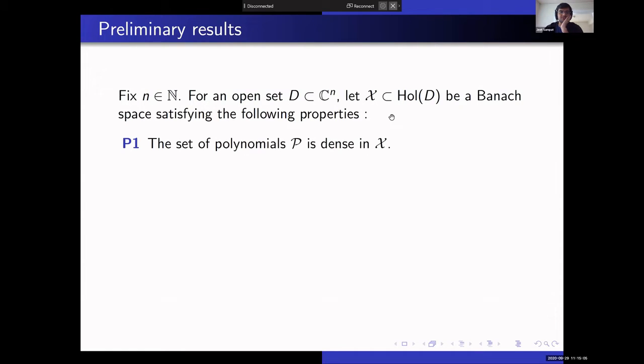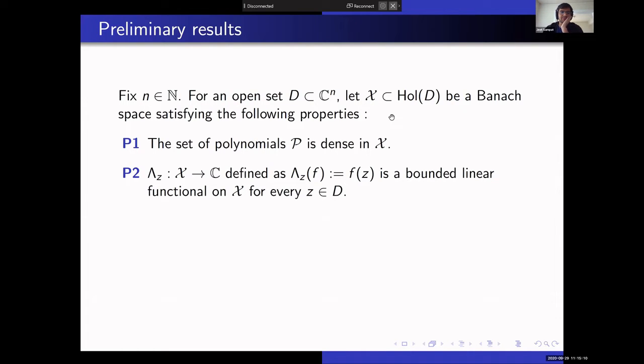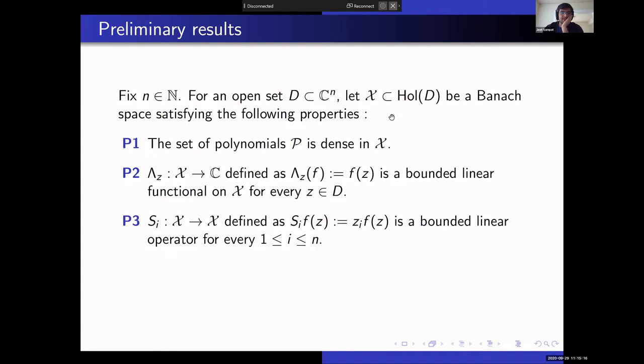P1 says the set of polynomials is dense in X. P2 says the point evaluations are bounded. And the third condition, P3, is that all of these shift operators corresponding to each variable z_i are bounded linear operators, so that we can talk about cyclicity.